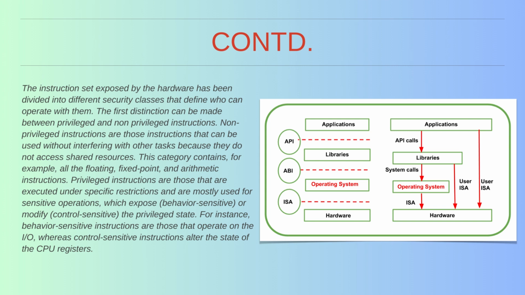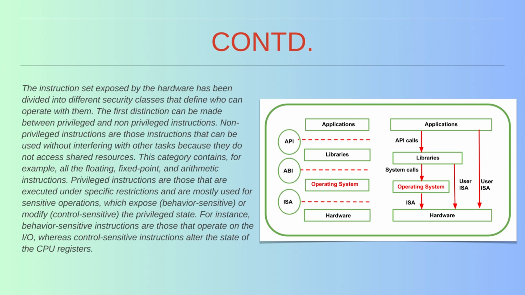The first distinction can be made between privileged and non-privileged instructions. Non-privileged instructions are those that can be used without interfering with other tasks because they do not share resources. That category contains, for example, all the floating point, fixed point, and arithmetic instructions.